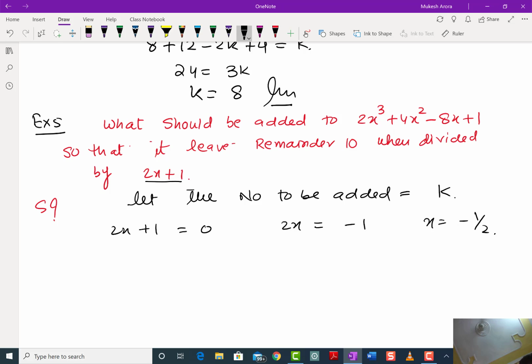So that means p(minus 1 by 2), so it will be 2x cube plus 4x square minus 8x plus 1 plus k should be added, then the remainder will be 10.